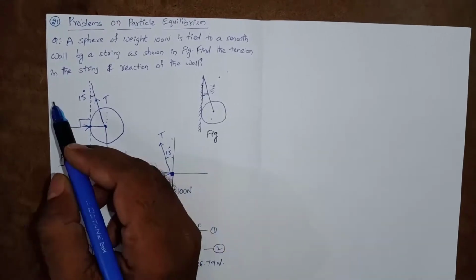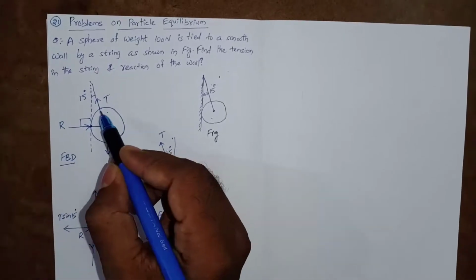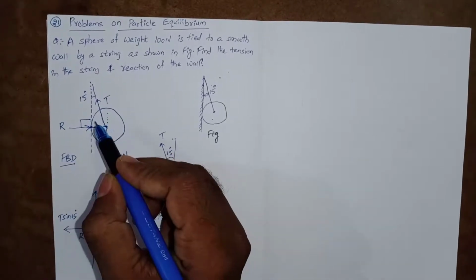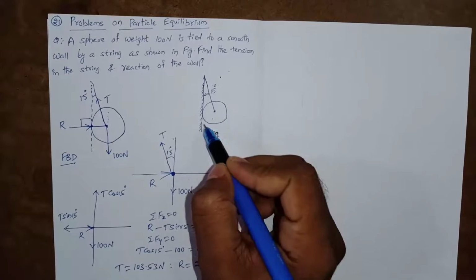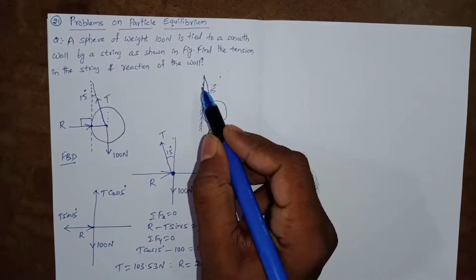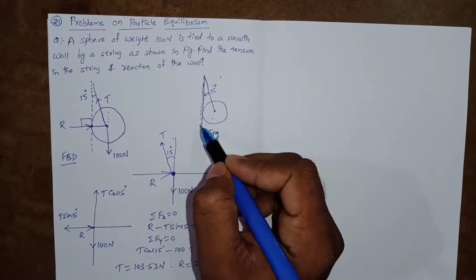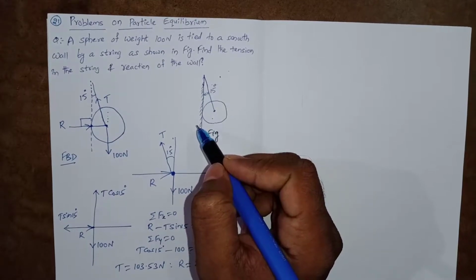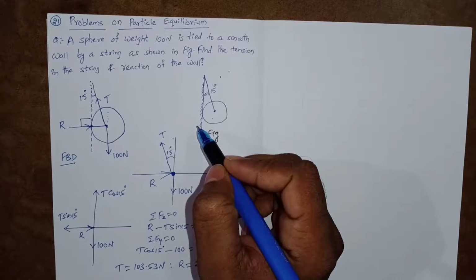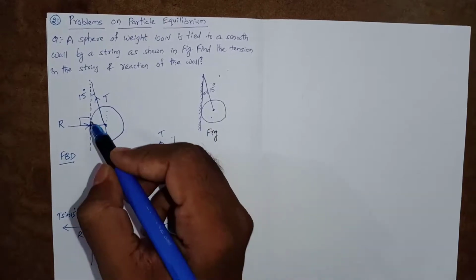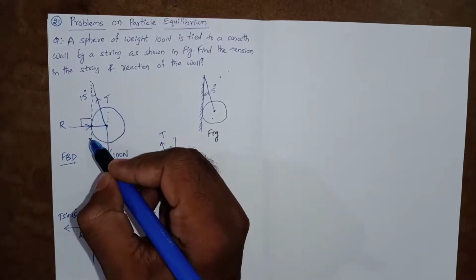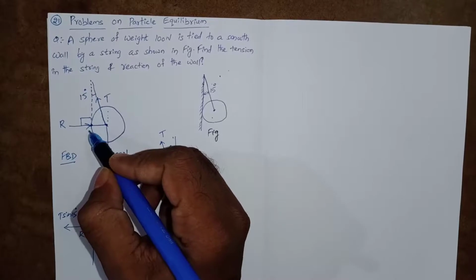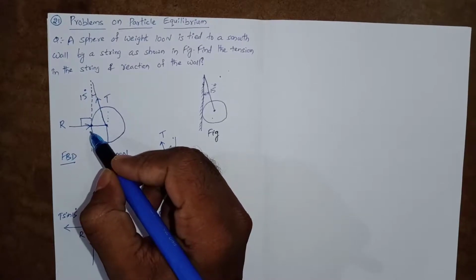So the solution here: draw this sphere first, and now the sphere is in contact with this vertical wall. Whenever two bodies are in contact with each other, there exist two reaction forces. One reaction force will act tangent to the contact surface, and the other will be normal to the contact surface.